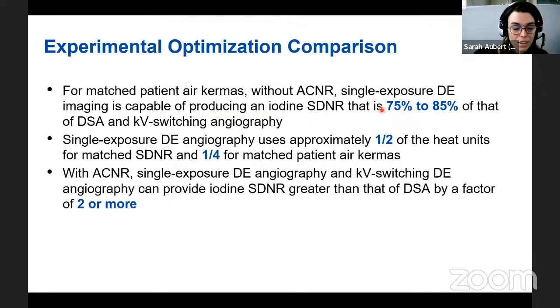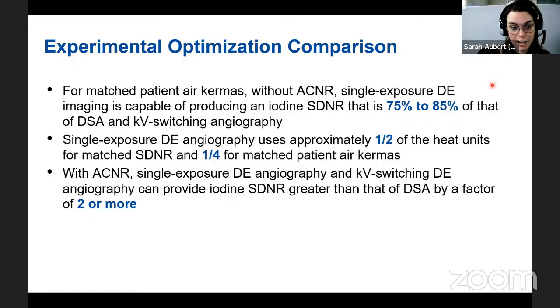And so what we concluded from this study was that for our matched patient air kermas, without this ACNR correction, the proposed single exposure dual energy imaging technique was capable of producing images of quality that were 75 to 85% of that of DSA and KV switching. In the meantime, this single exposure approach required approximately half of the heat units to match SDNR and a quarter of the heat units for matched patient air kermas to that of KV switching.